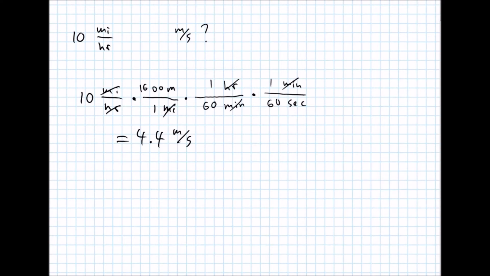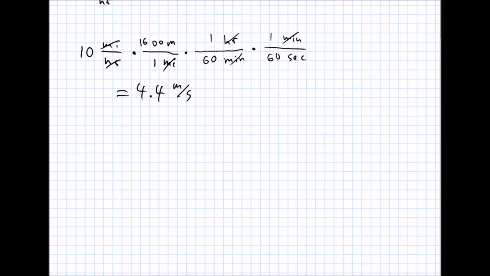Alright, now let's talk about unit analysis a little bit. That looks very similar to the unit conversion that we just did, except it allows you to actually solve problems. For example, some unit analysis you've probably done at some point is, let's say we have something that costs $2 per pound, and I want to buy 3 pounds of it, and I want to find out how much that's going to cost.